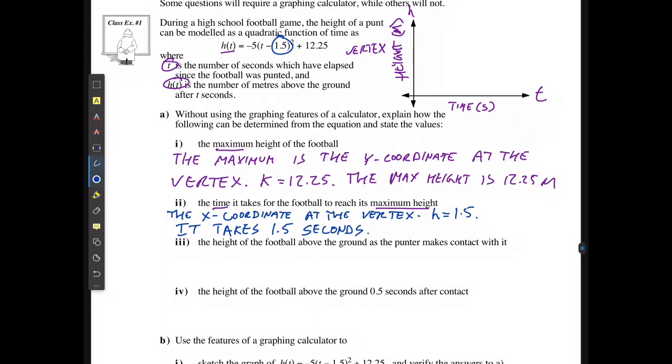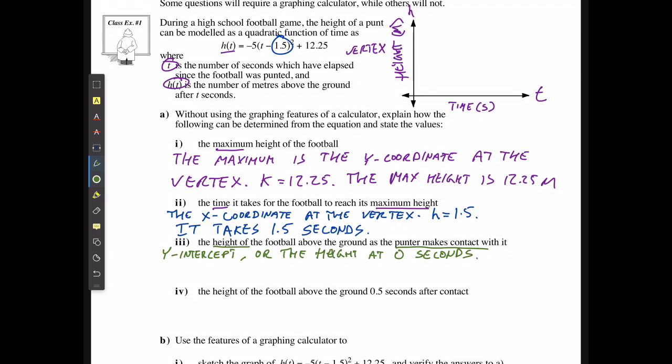If we want the height of the football above the ground as the punter makes contact with it, then we're looking for the y-intercept, or the height at 0 seconds.